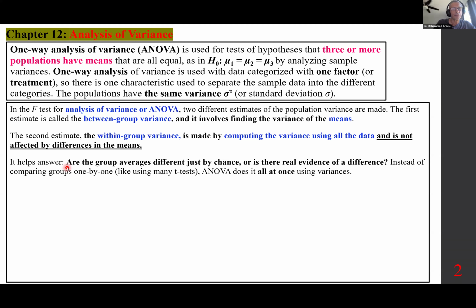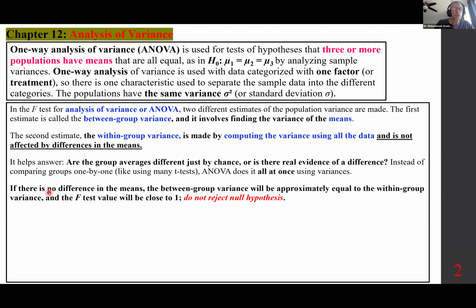It helps answer, are the group averages different just by chance, or is there real evidence of a difference? Instead of comparing groups one by one, like using many t-tests, ANOVA does it all at once using variances.